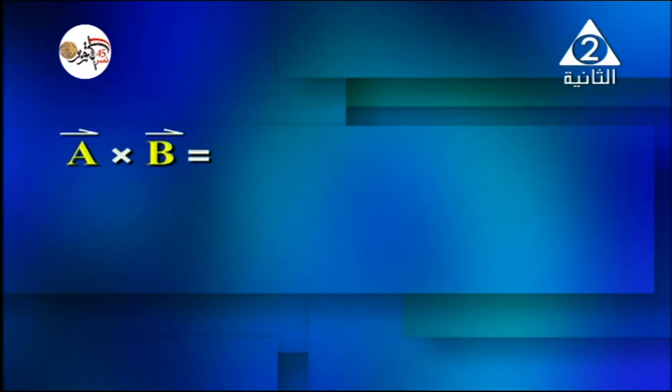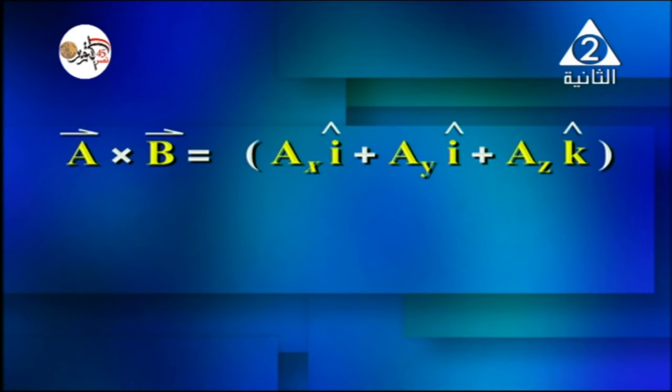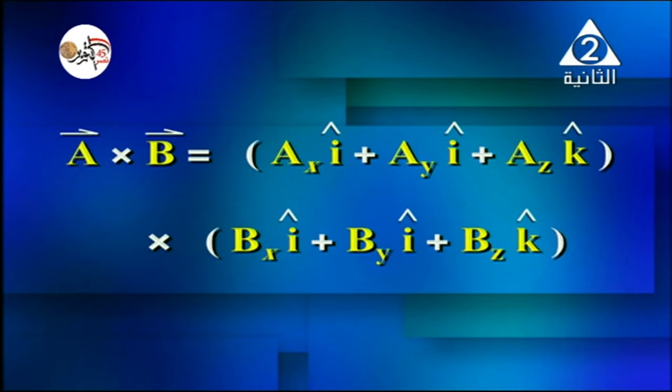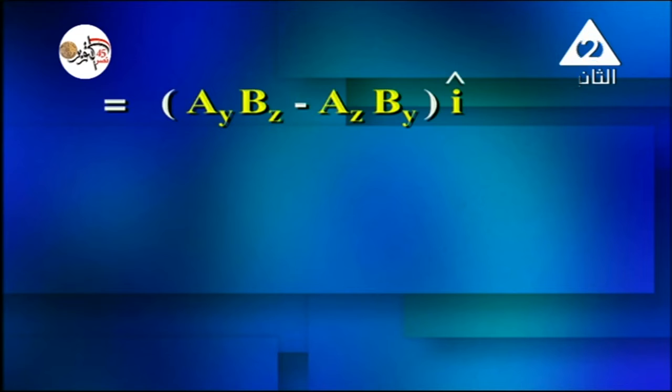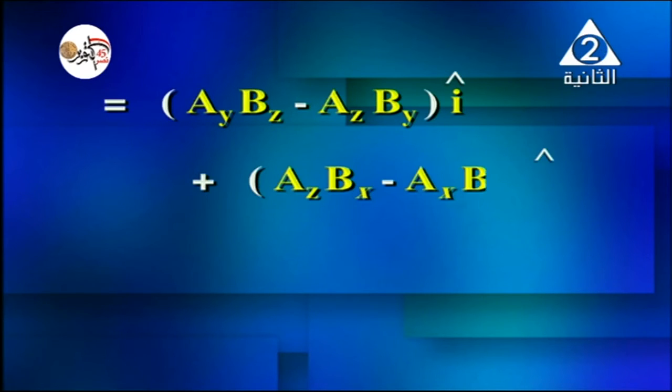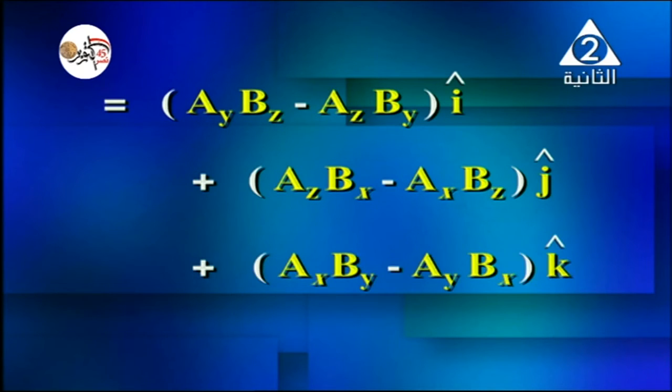Then a vector cross b vector, my dear student: (ax i plus ay j plus az k) cross (bx i plus by j plus bz k) equals what? (ay bz minus az by) in the i vector, minus (ax bz minus az bx) in the j vector, plus (ax by minus ay bx) in the k vector.